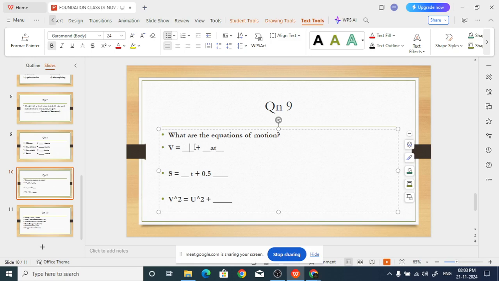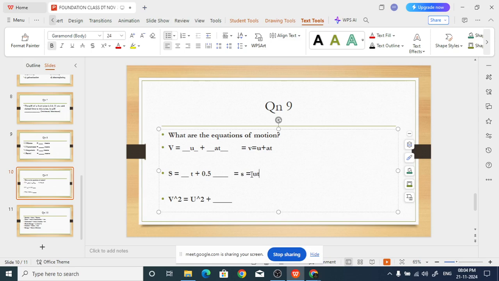Have you studied this or not? V equal to U plus AT. What is this formula? S is equal to?